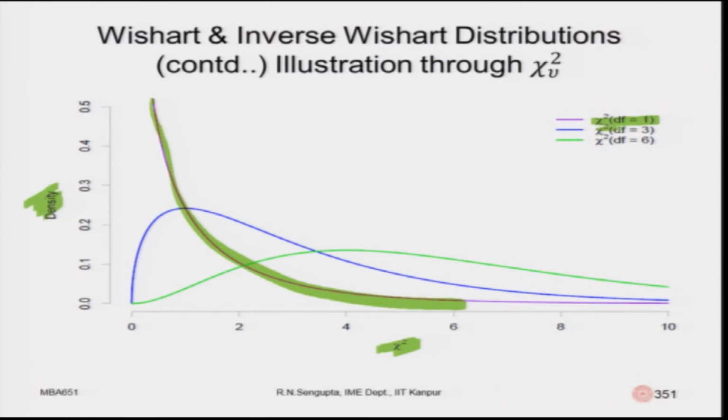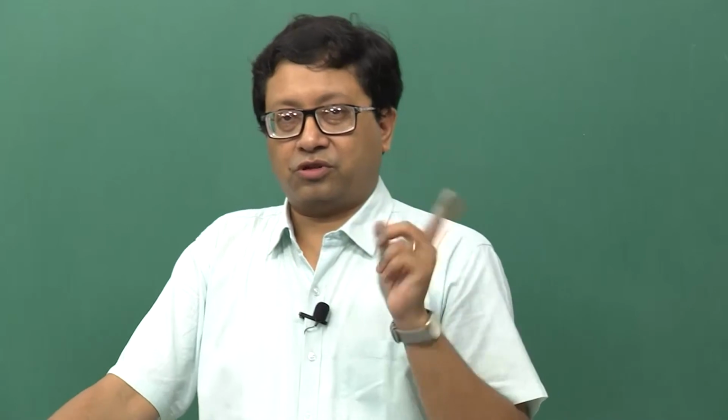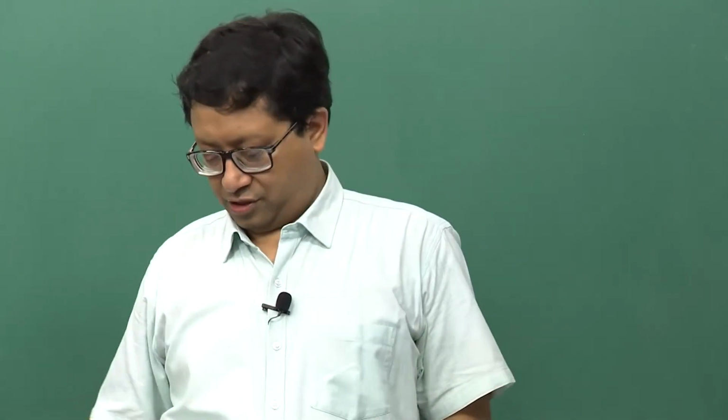Then you have 3 degrees of freedom, 6 degrees of freedom. So, this is for 3 and this is for 6 degrees of freedom based on which we draw. So, this is the univariate chi-square. Obviously, if you are able to draw for the higher dimension, you will get the Wishart distribution, because you remember the one-to-one similarity.